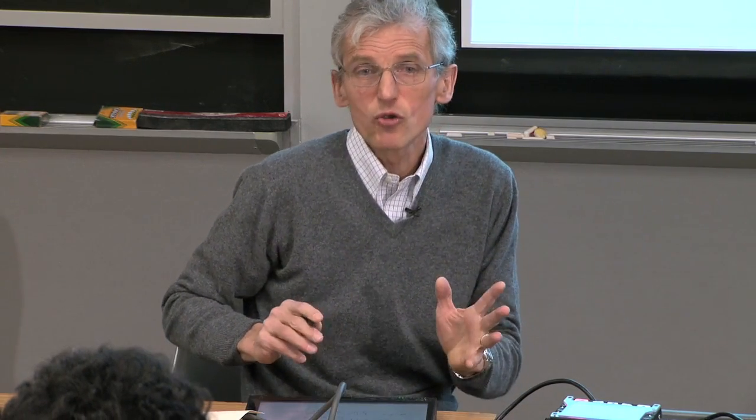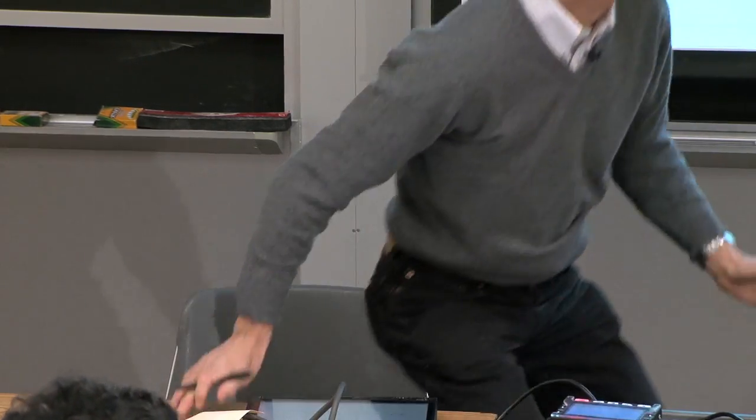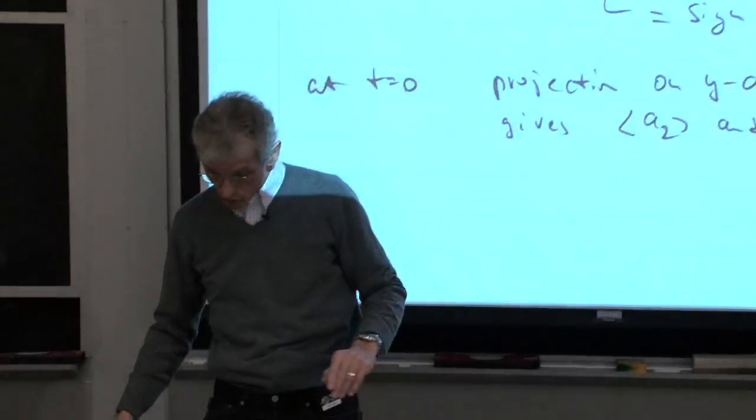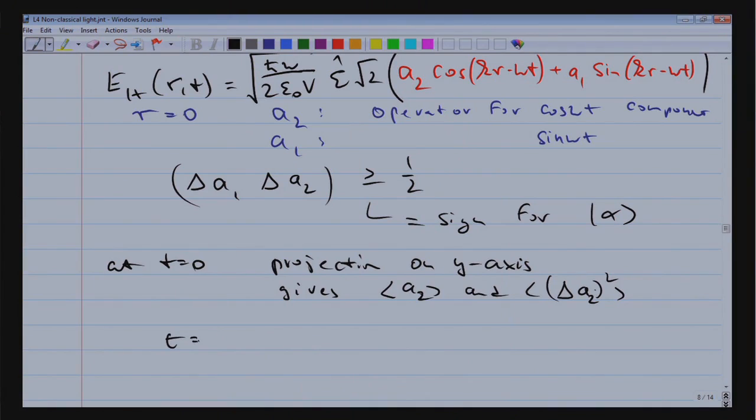And now, if we want to see what the other quadrature component is, well, we just wait a quarter period until the sine, which was 0, is maximum, and the cosine omega t is 0. So therefore, at pi over 2 omega, using the projection on the y-axis, gives us A1 and delta A1 squared.